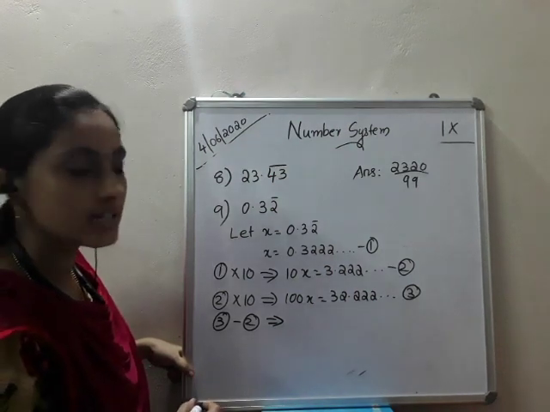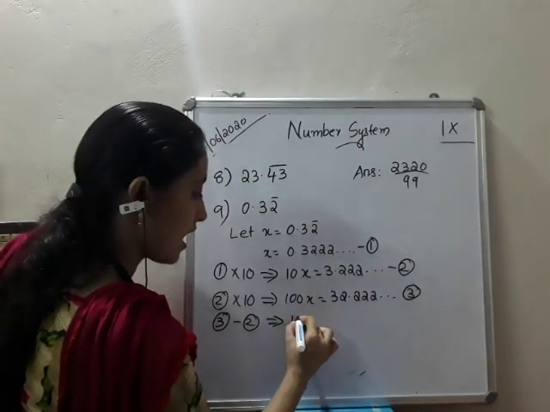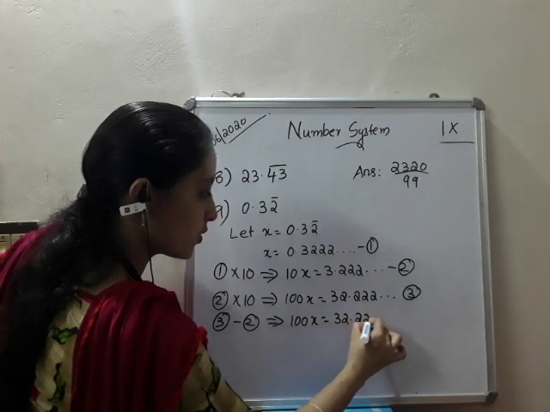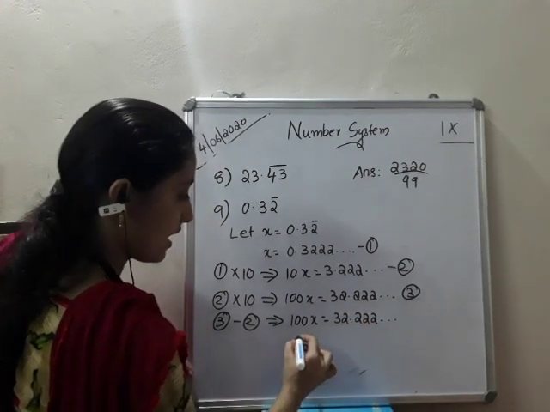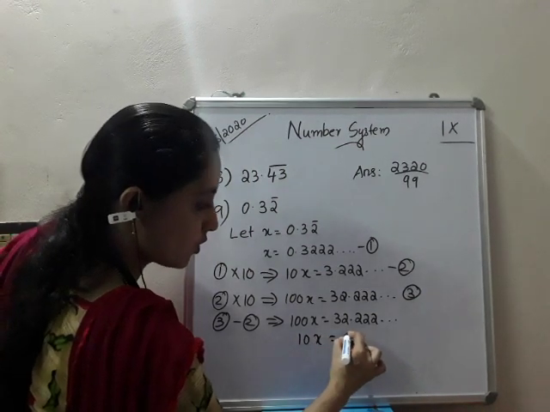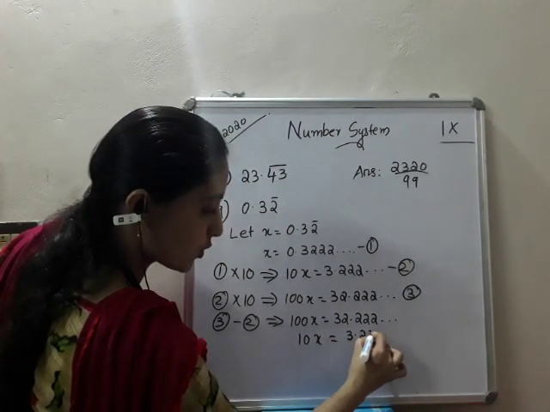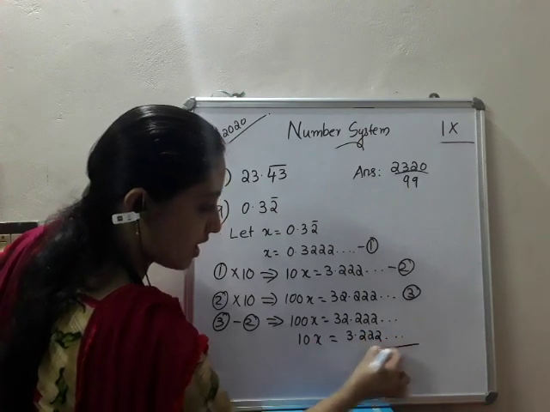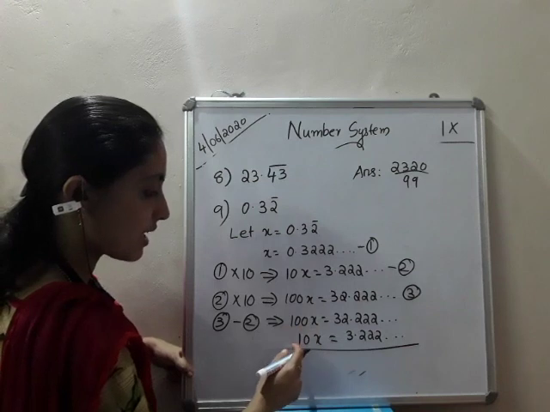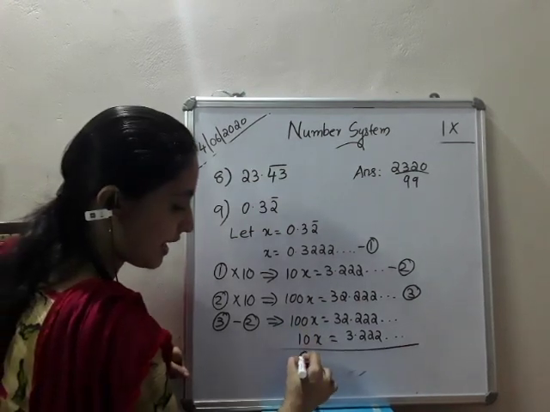Equation 3 minus equation 2 gives 100x is equal to 32.222 etc. minus 10x is equal to 3.222 etc. While subtracting, 100x minus 10x is 90x.